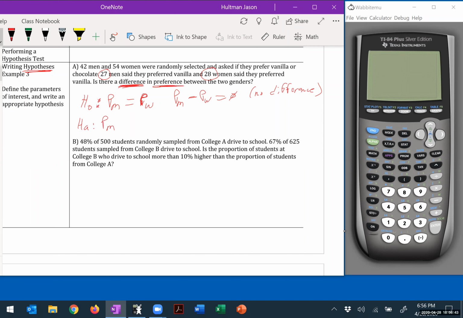So the proportion of men liking vanilla is not the same as the proportion of women liking vanilla, or we could say that P_M minus P_W is not equal to 0. So that a difference exists.